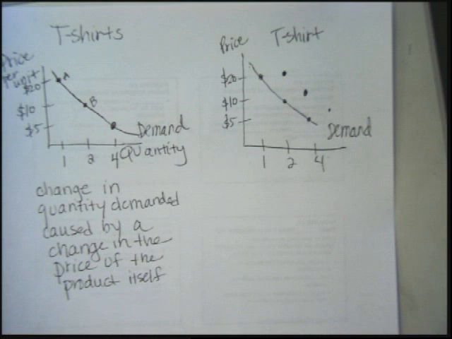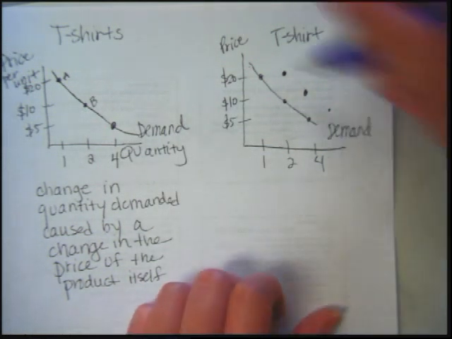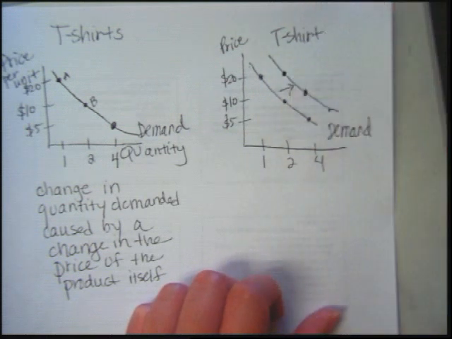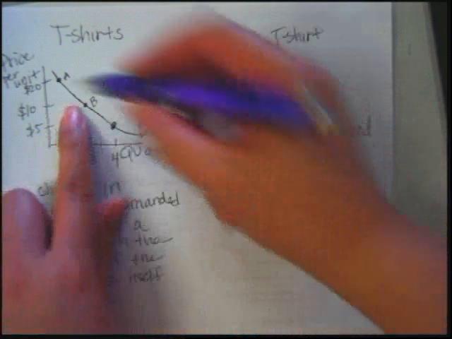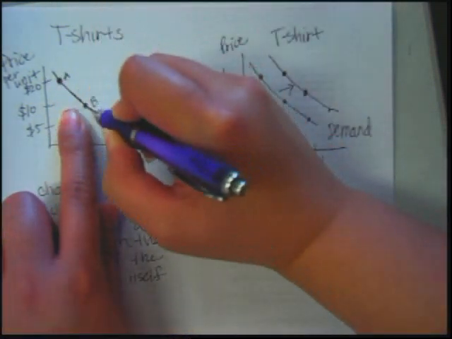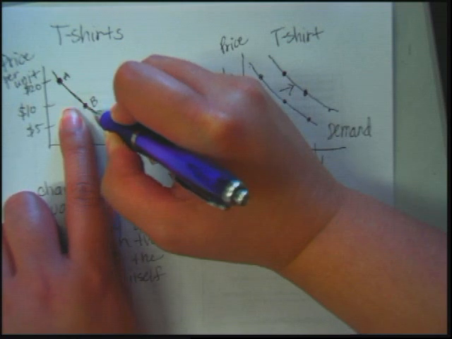They just want the product, right? And so at every price, when people want more of the product, this is what happens to our graph. The whole thing moves. See here, we were just moving along the line, right, from point A to point B. That's because it was cheaper and you can buy more.